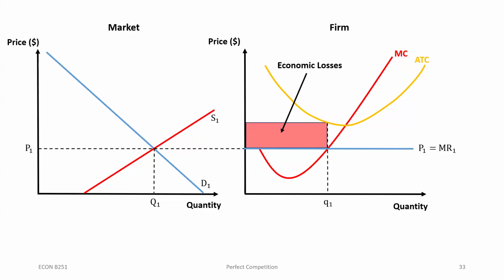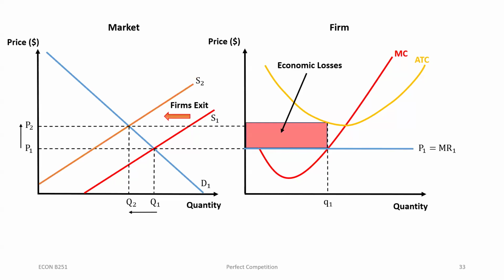In the long run, I've eliminated all my fixed costs. If price is below average total, it's also below average variable. Some firms are going to choose to shut down or leave the market. If they leave the market, less competition, what's going to happen to the price the remaining firms can charge? It's going to go up.